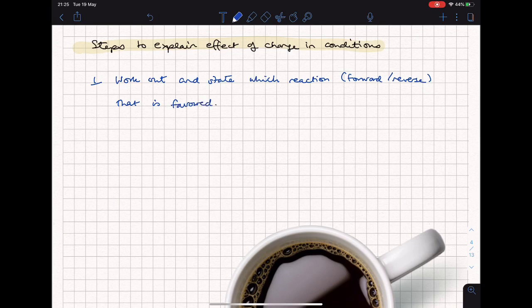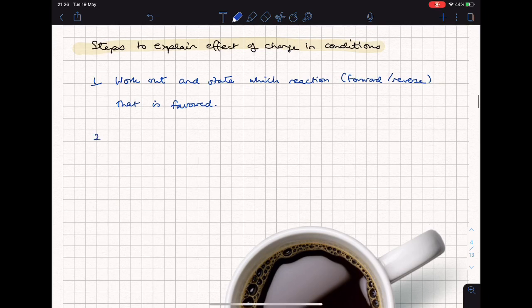So if you raise the temperature, which one of those reactions could lower it? Or if you raise the pressure, which one of the forward or reverse reactions can lower it? If you lower the temperature, which one of the reactions would raise it? Or if you increase the concentration of one of the reactants, which one of those reactions would decrease concentration? So which one would oppose the change you make? Which one would therefore be favoured or preferred?